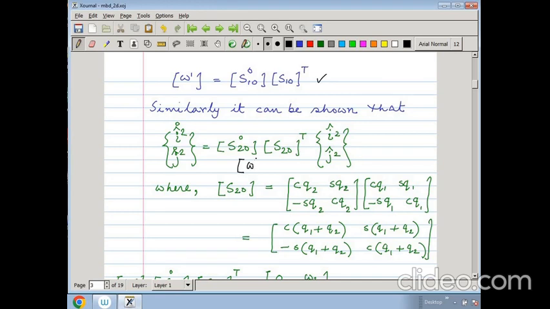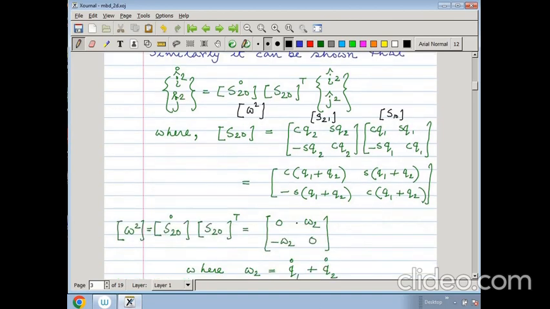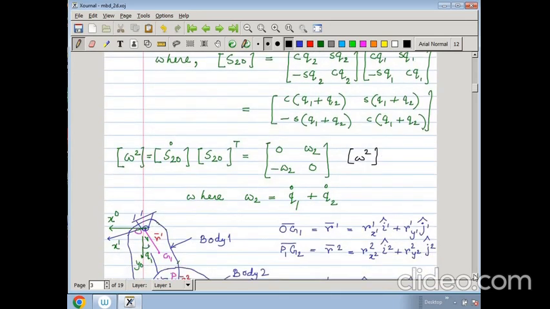S20 is S21, and this is S10, which we have seen, and if you multiply this, you get this. So S20 dot S20 transpose is this. So this is the omega 2 matrix, where omega 2 is q1 dot plus q2 dot.